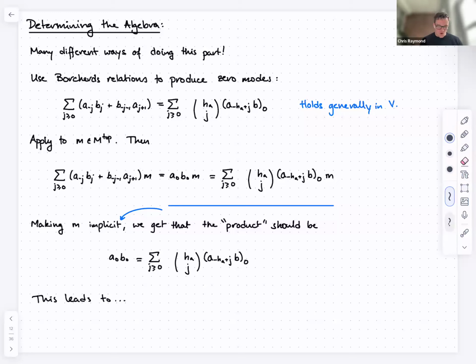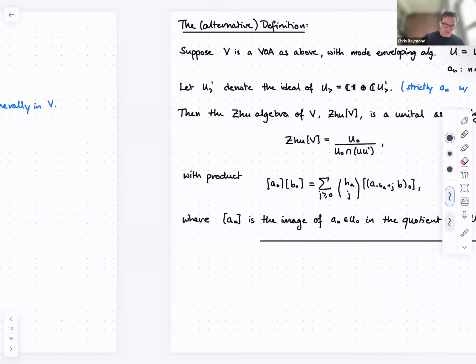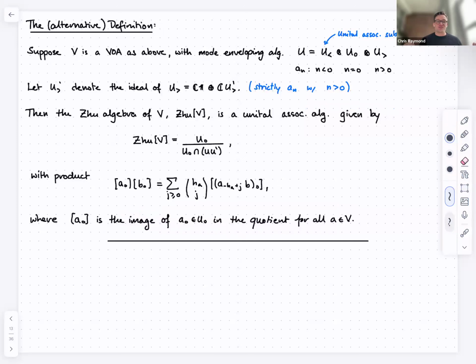Okay, so now that we have this product structure that we've extracted, this leads us to what I'm going to call the alternative definition of the Zhu algebra. Right, so this takes a little bit of setup. Now, suppose V is a VOA as we had above. I haven't really changed too many of the adjectives that we'd associated with our VOA.